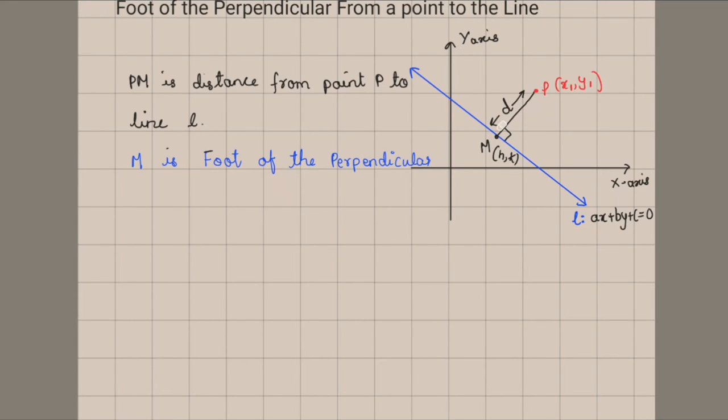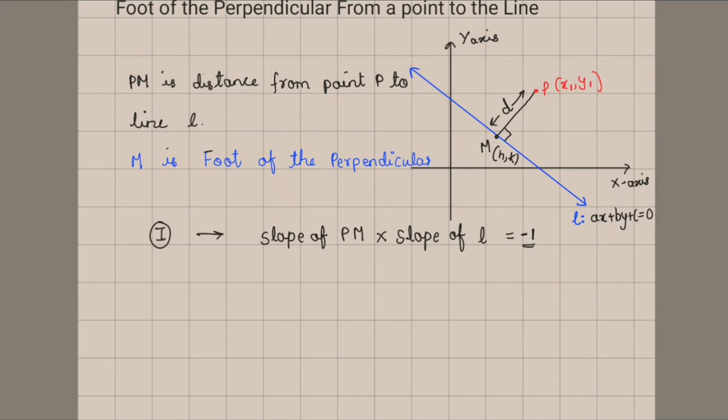As we know, PM is perpendicular to the line L. So the slope of PM and the slope of the line, their product should give -1. So we got the first condition: slope of PM into slope of line L equals -1.